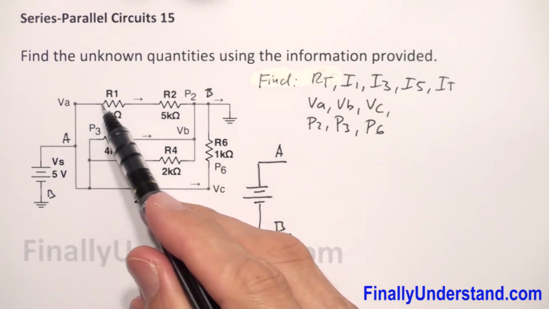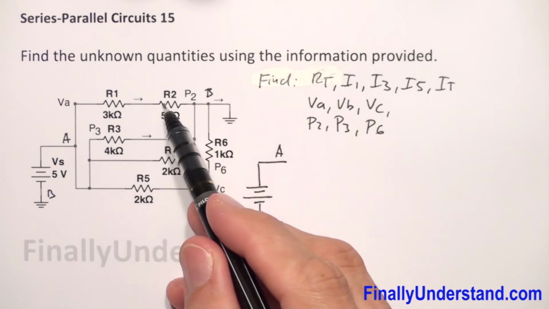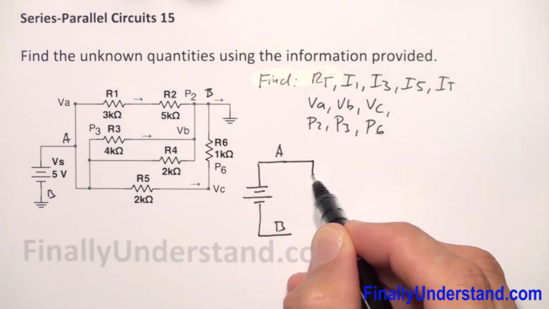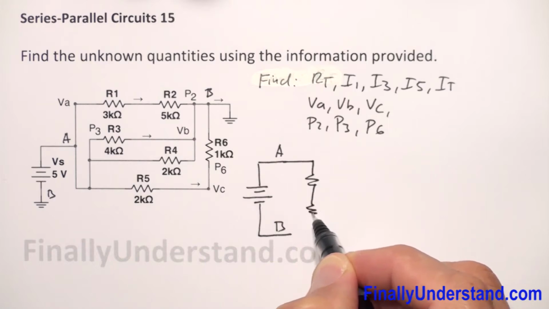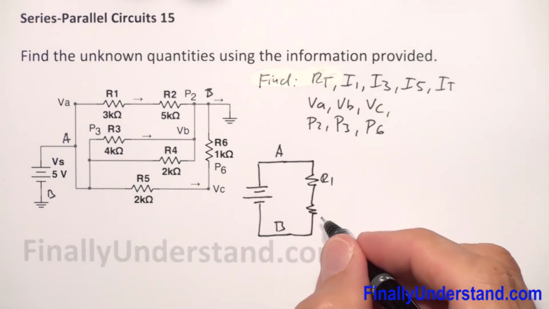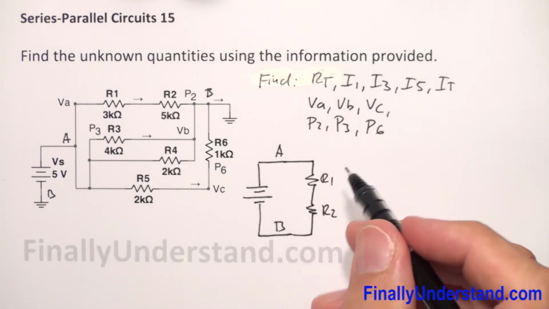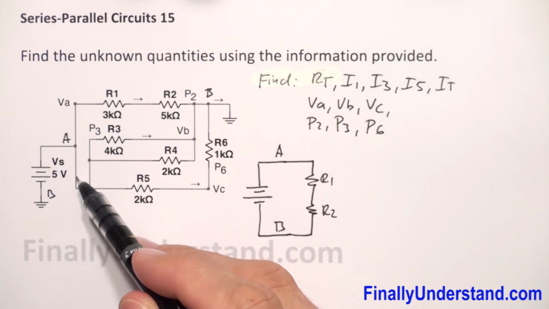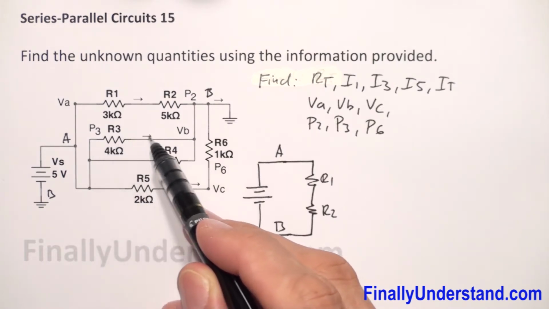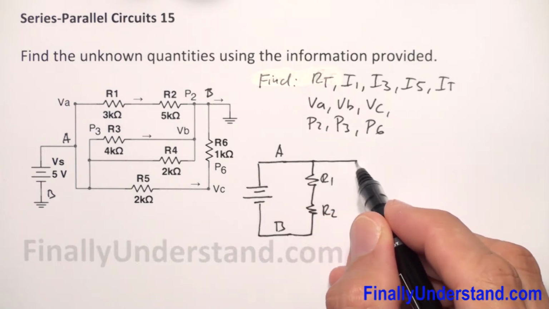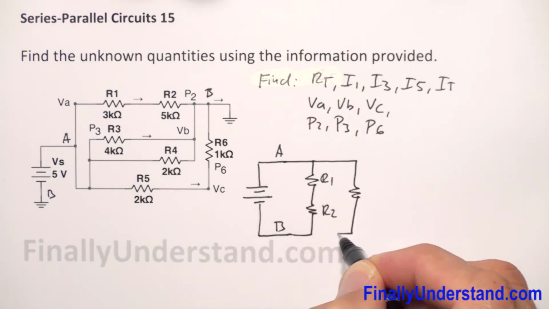Point A is connected to resistor R1, is connected to resistor R2, and goes to point B. So I'm going to draw something like this. This is my R1, and this one is R2. Next, point A is also connected to resistor R3 and is connected to B. So I have resistor R3 over here.